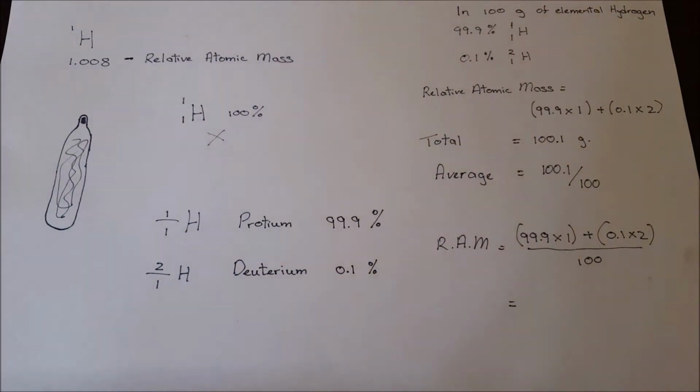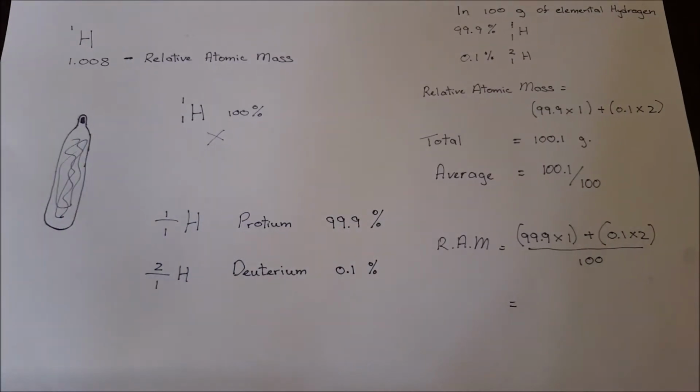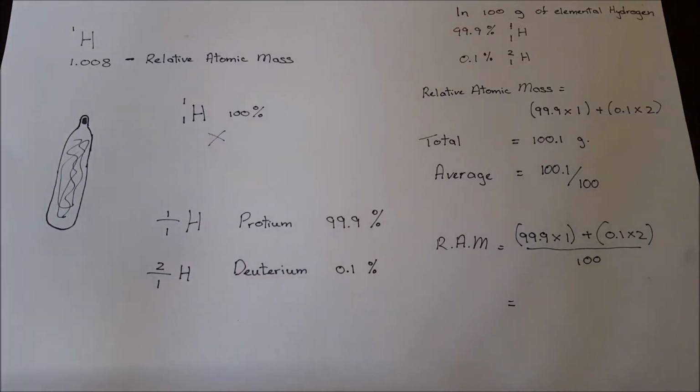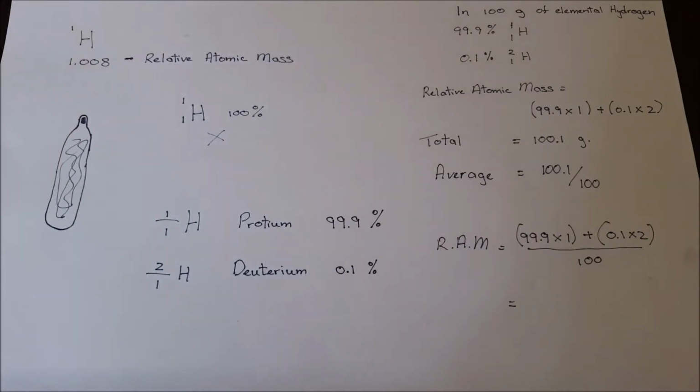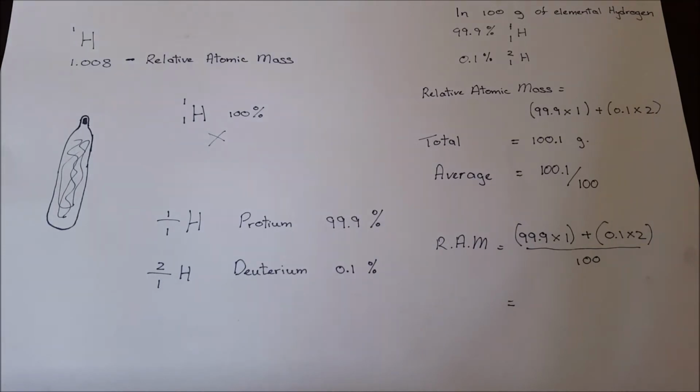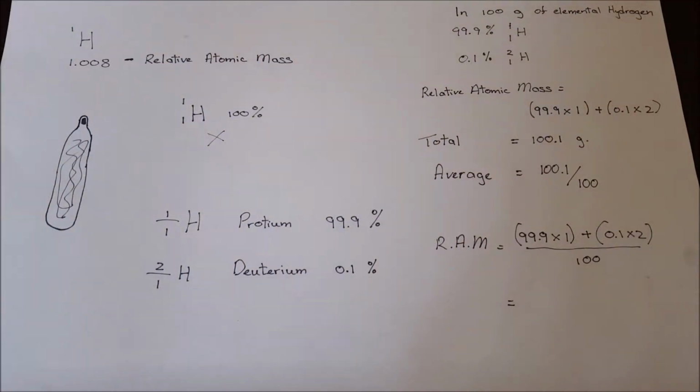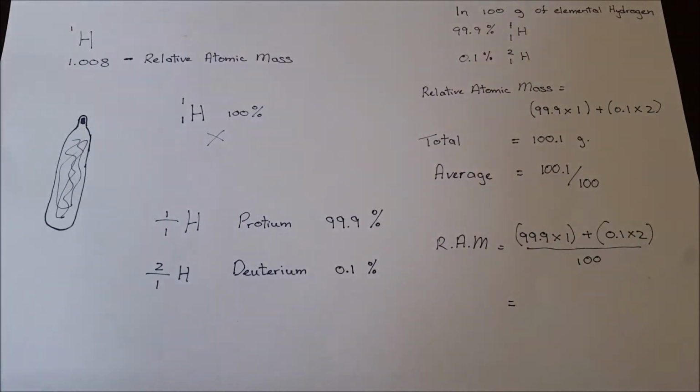So to get the total, I'd have to take 99.9, multiply it by 1 for the mass number of protium, and then take 0.1% and multiply it by 2, which is the mass number of deuterium. That would give me a total of 100.1.